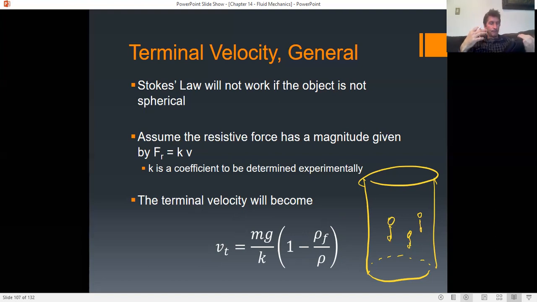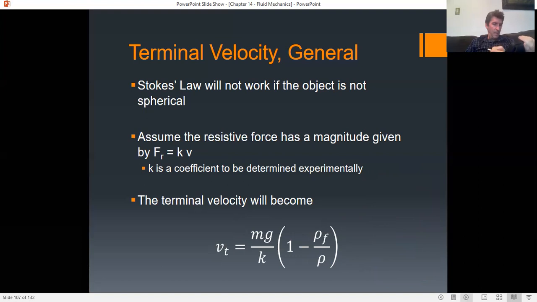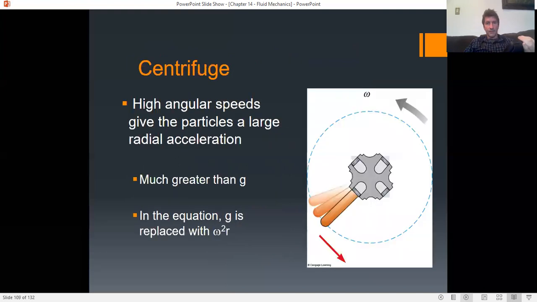But as the particles get smaller and smaller, there becomes a point where the terminal velocity will be pretty close to 0. They're not going to settle out. So what we can do is enhance the effective gravitational pull. You can change G by putting it in a centrifuge, where we actually create artificial gravity.